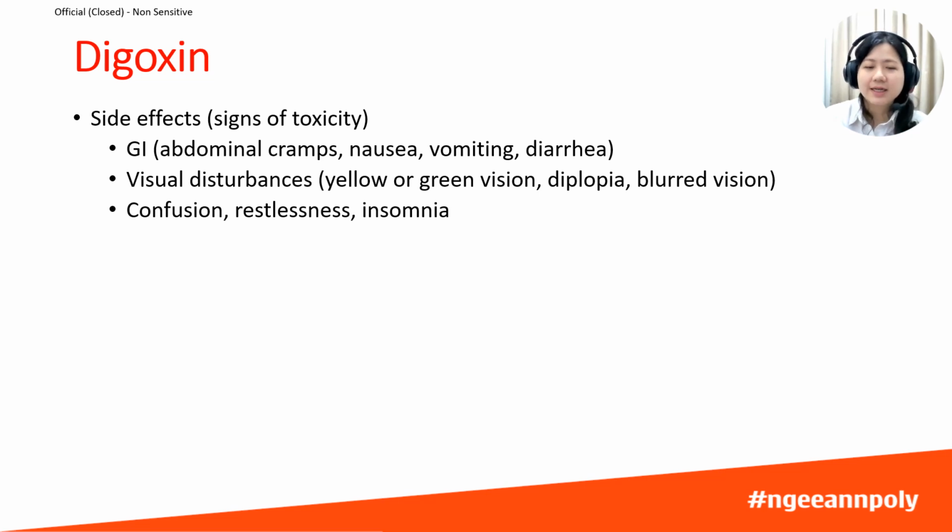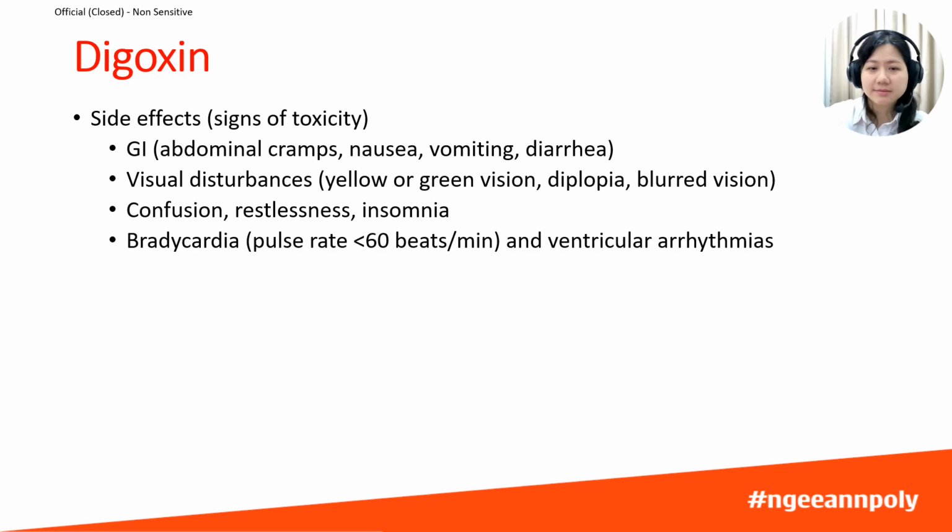CNS effects like confusion, restlessness, and insomnia. And effects on the heart: bradycardia, which is a slow heart rate of less than 60 beats per minute, and ventricular arrhythmias. The most serious side effect is the arrhythmias, which can be fatal.